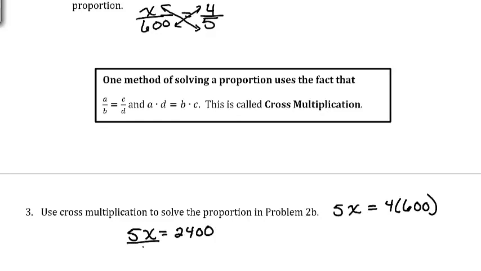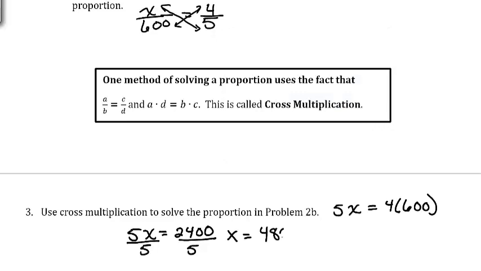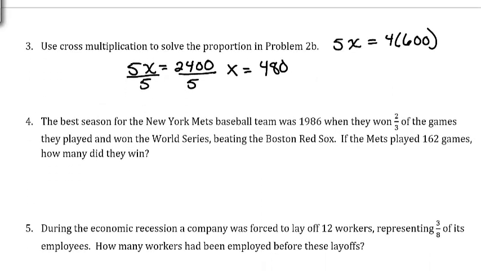Then to finish solving for x, we just have to divide both sides by 5. So x is equal to 2400 divided by 5, and that gives us 480. So out of the 600 dentists that were surveyed, 480 of them said that they preferred Crest over other national brands.